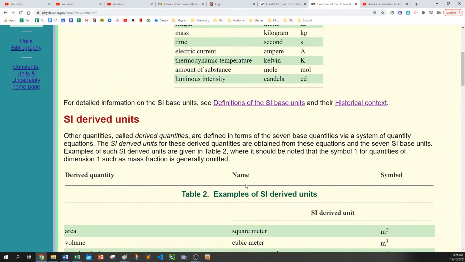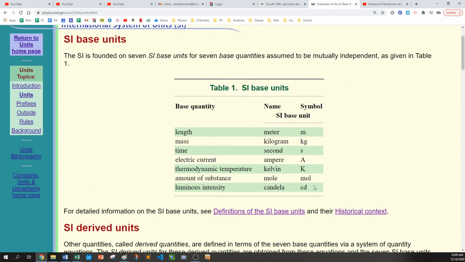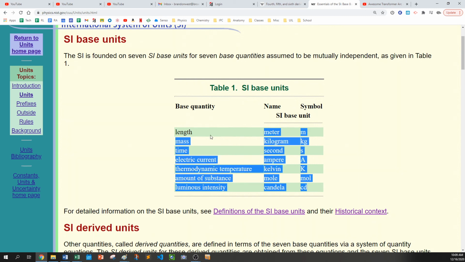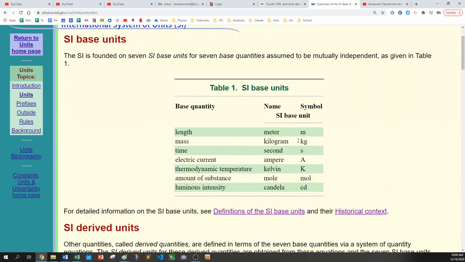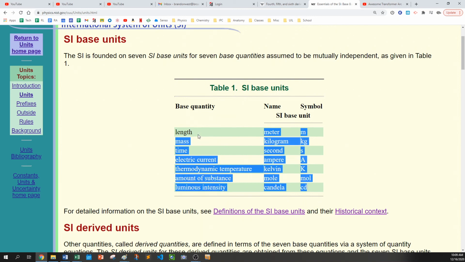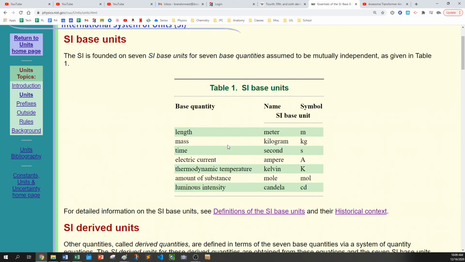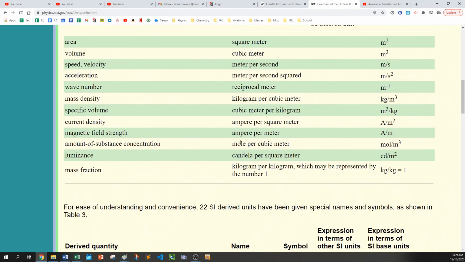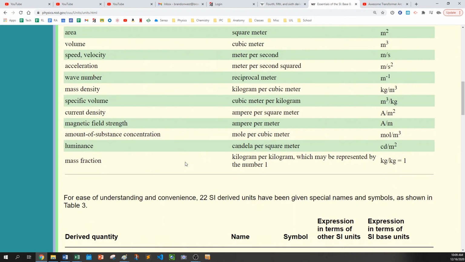However, these are the only major base units in all of physics: mass, kilogram, second, amps, Kelvin, volt, and candela. Everything else is derived from these units. So, for example, you deal with flashlights.